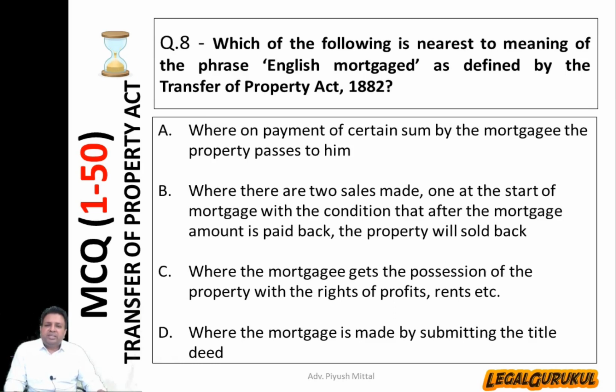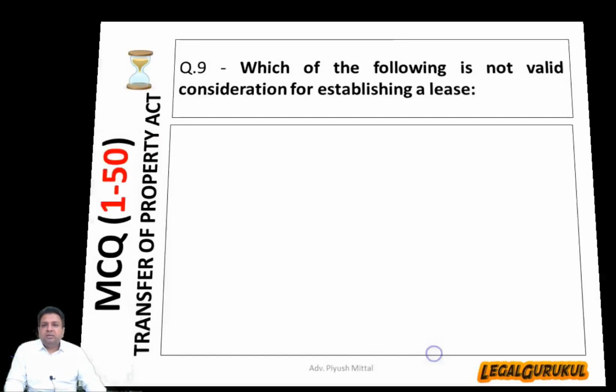C, where the mortgagee gets the possession of the property with the rights of the profit, rent, etc. D, where the mortgage is made by submitting the title deed. And the correct answer is B. Where there are two sales made, one at the start of mortgage with the condition that after the mortgage amount is paid back, the property will be sold back.